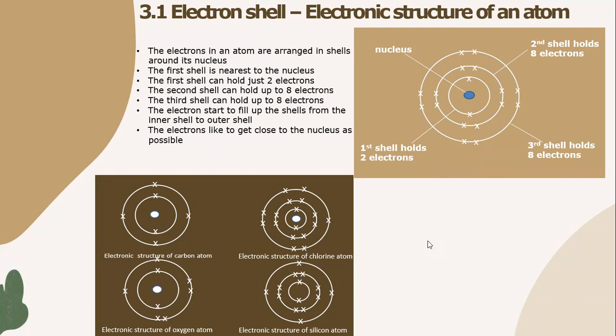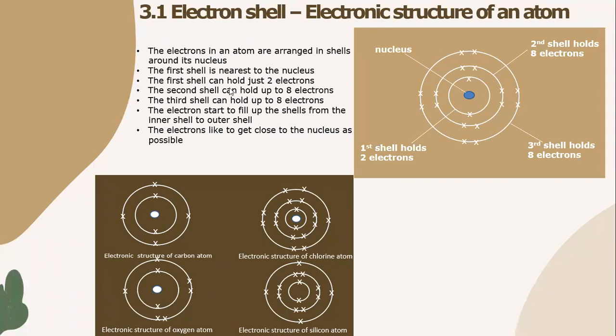Electron shell, electronic structure of an atom. If you look at the diagram on the right-hand side, the electrons in an atom are arranged in shells around its nucleus.